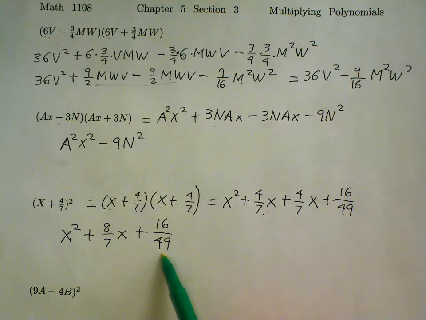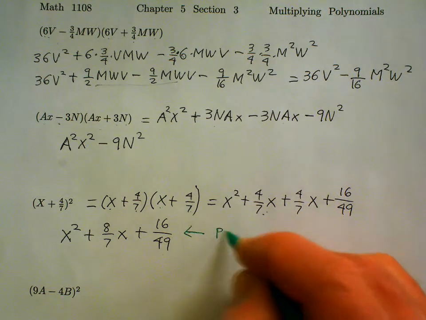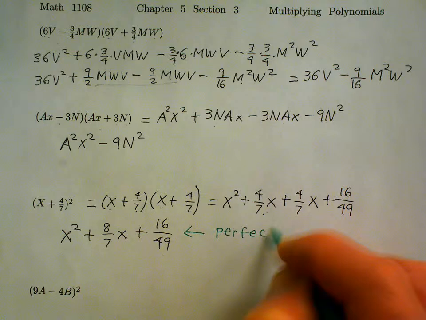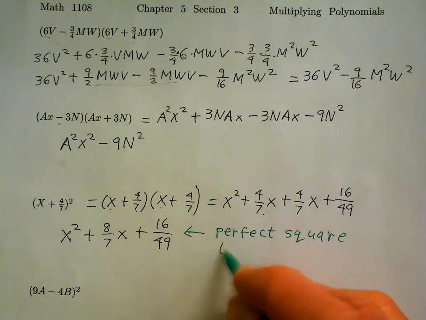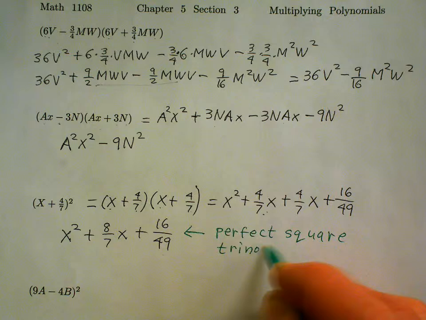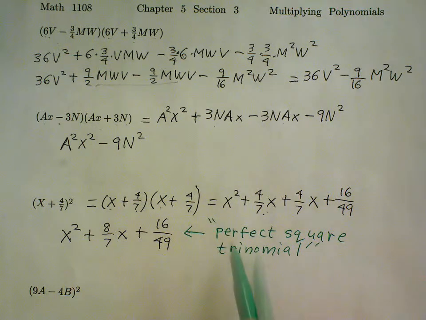This result, this trinomial, is an example of what is called a perfect square trinomial. From now on, you're going to see this expression, perfect square trinomial, repeatedly from now until the end of the semester.